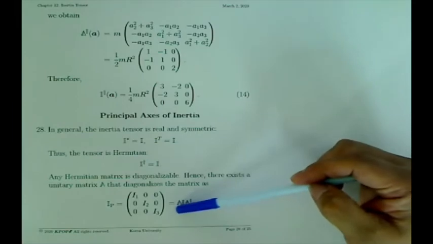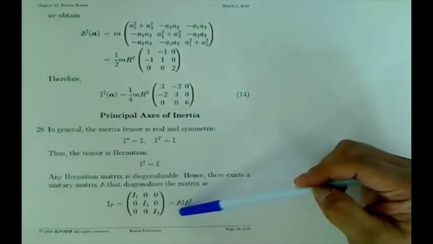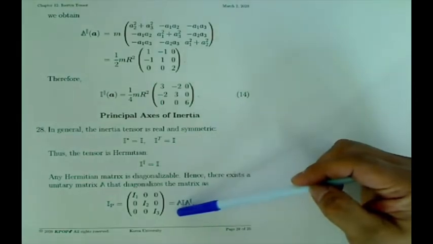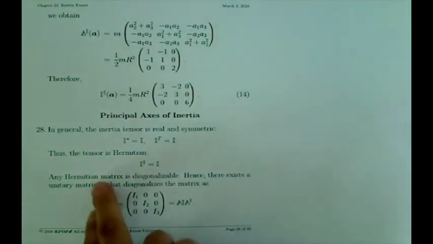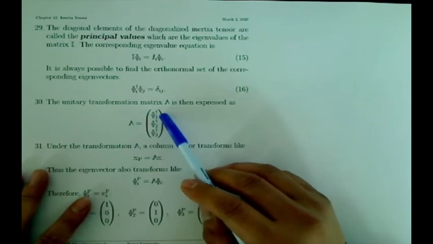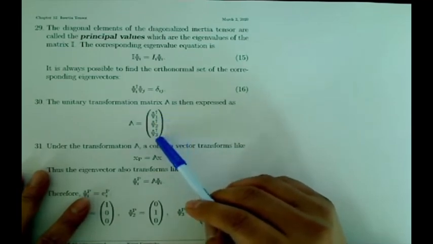As we already studied in the matrix chapter, on diagonalization of the matrix, all of the row elements of this transformation matrix lambda are composed of the Hermitian conjugate of the eigenvectors.